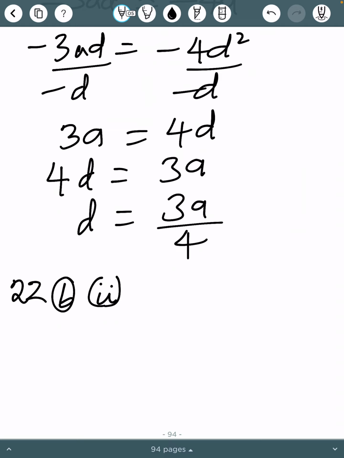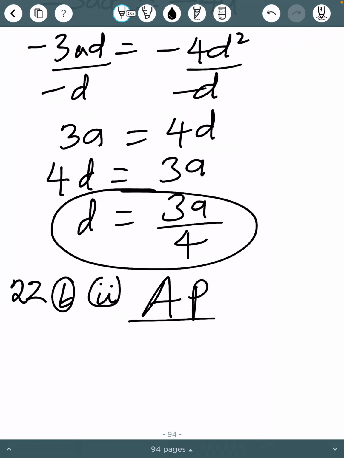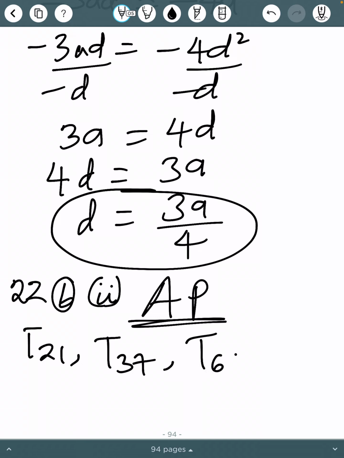Now, this linear sequence has the relationship between its a and d as d is equal to 3a over 4. I am to show that for that AP, the 21st term, the 37th term, and the 65th term also form consecutive terms of a GP.